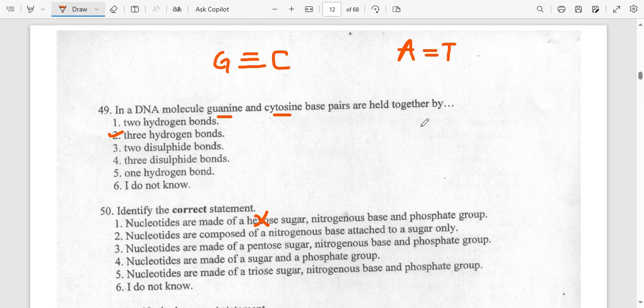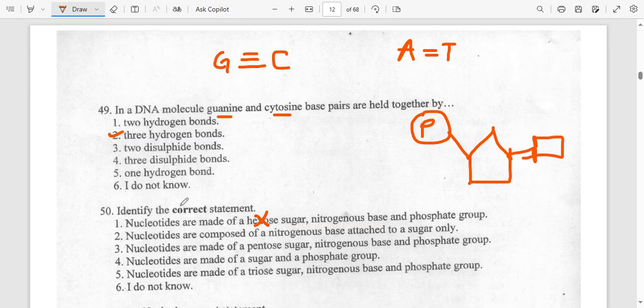A nucleotide is a phosphate attached to a pentose sugar and then a nitrogenous base. Nucleotides are made of pentose sugar, nitrogenous base, and a phosphate. This is correct. Nucleotides are made of sugar and phosphate groups. That's not true. Nucleotides are made of triose sugar. It's not a triose sugar, it's a pentose sugar. So the best option is option 3.